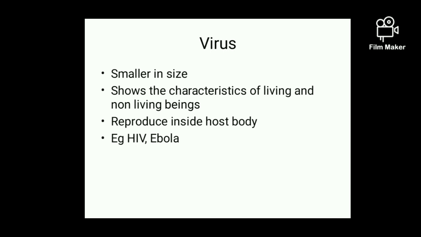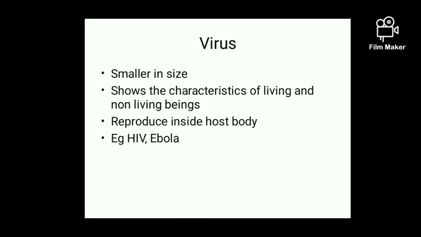When it is inside the living body, it shows the characteristics of living beings, and when it is outside the living body or in non-living things, it shows the characteristics of non-living things. So it acts as a borderline between the living and non-living beings, due to which when it comes inside the living cell or living body, at that time only it reproduces, otherwise it cannot reproduce.